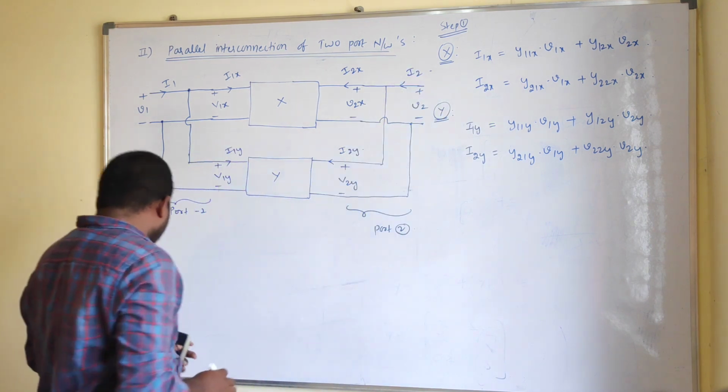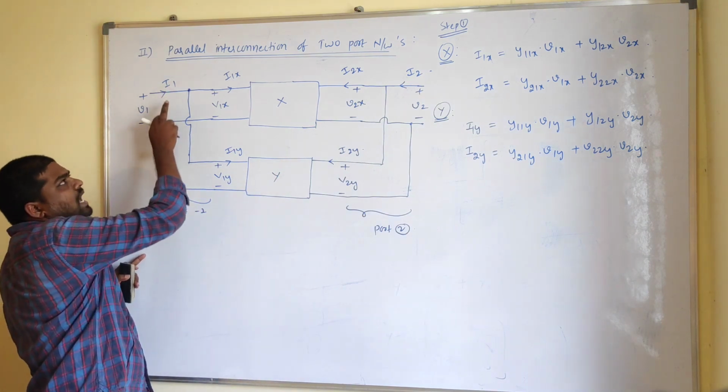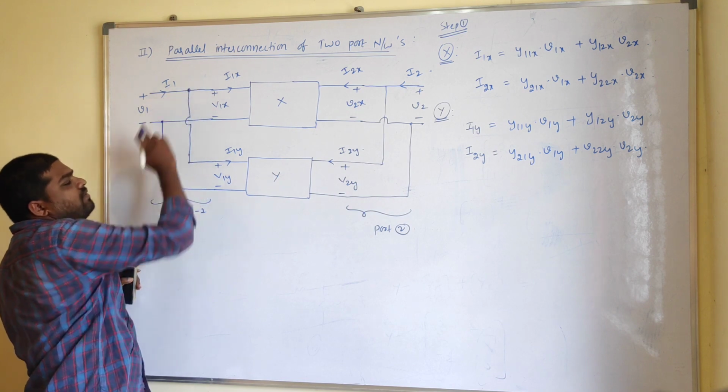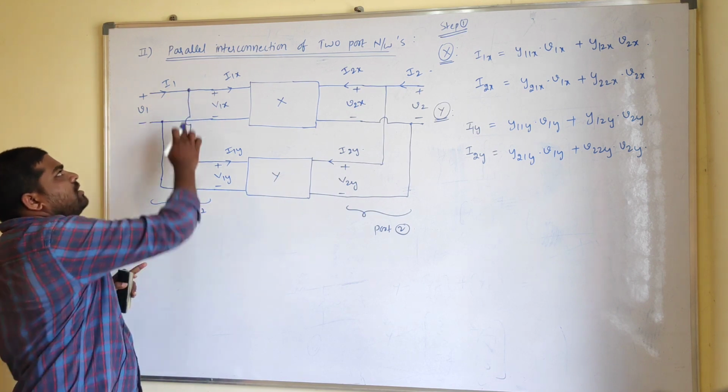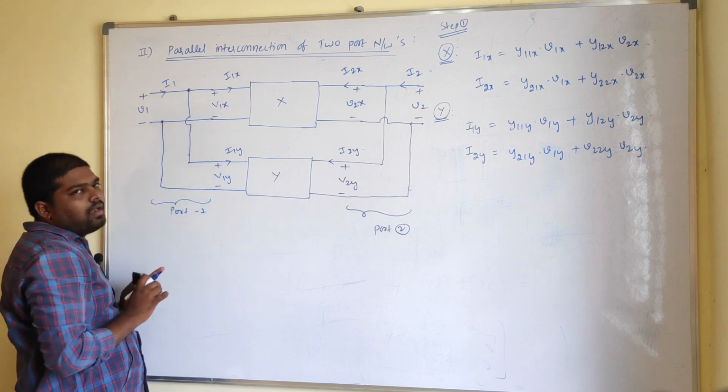Now you can observe here that the current is I1, and this I1 is divided into two parts. At this node, current division takes place, which is called a parallel configuration.